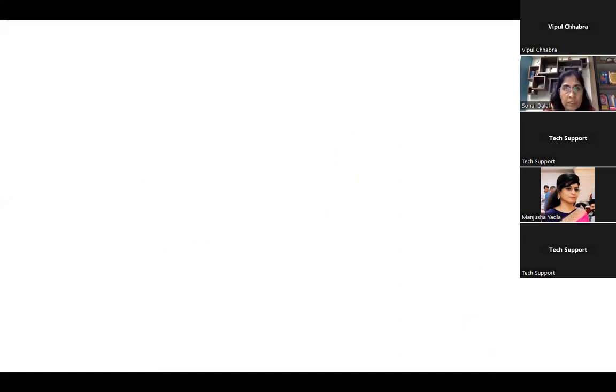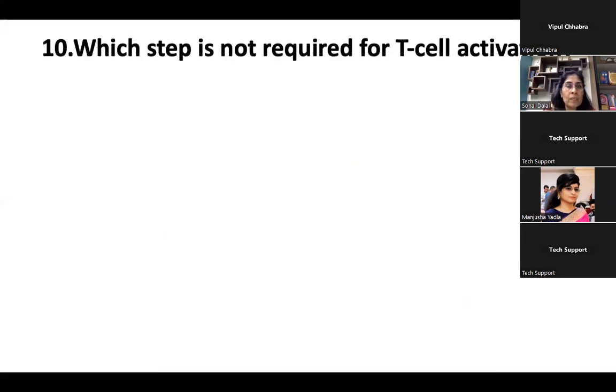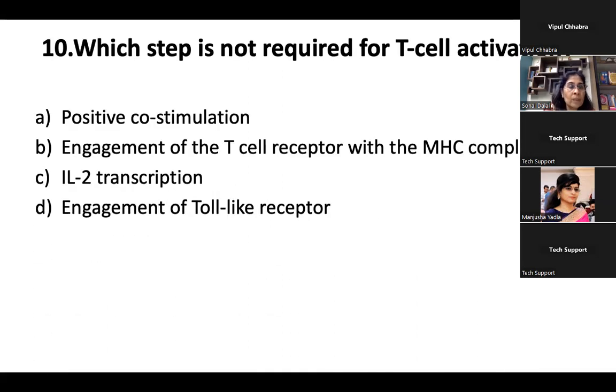And last question of this round, question number 10. Which step is not required for T cell activation? A, positive co-stimulation. B, engagement of T cell receptor with MHC complex. C, interleukin-2 transcription. And D, engagement of Toll-like receptor. Your time starts now.